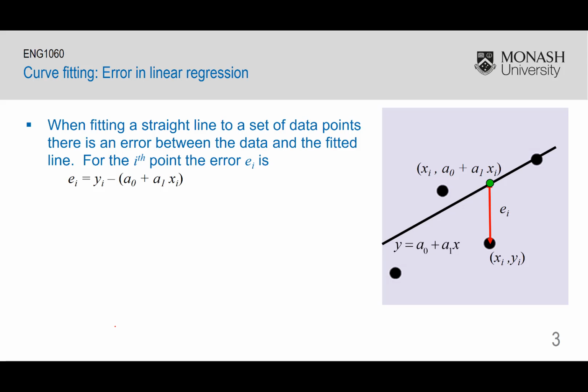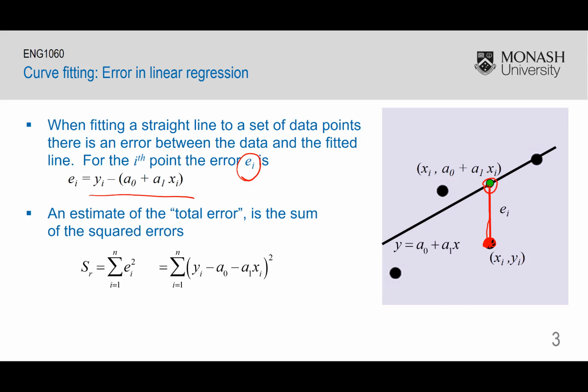We also saw that when fitting a straight line to a set of data points, there's an error between the data and the fitted line. For the ith point, we define the error, e_i, as being y_i, which is the data point, minus a0 plus a1 x_i, which is just the equivalent value on the straight line. So that's the difference here represented by the red arrow in the figure. It's the distance between that point and the green point at the top there.